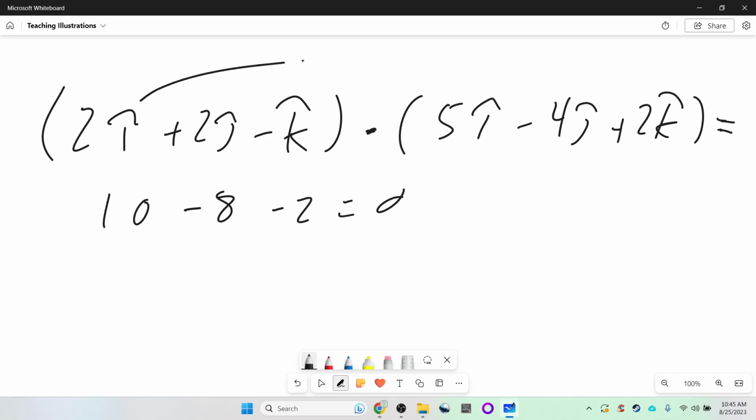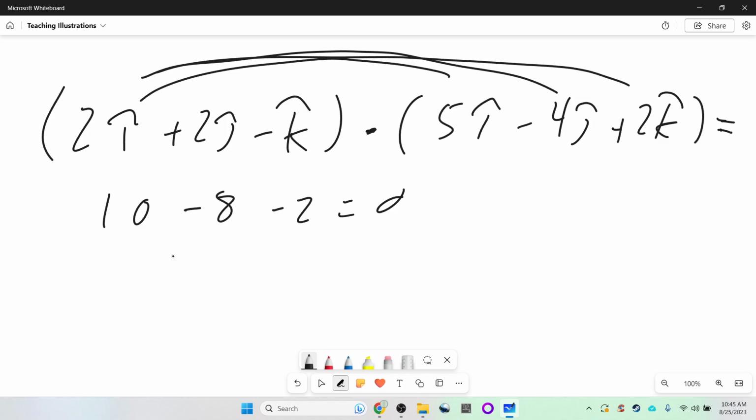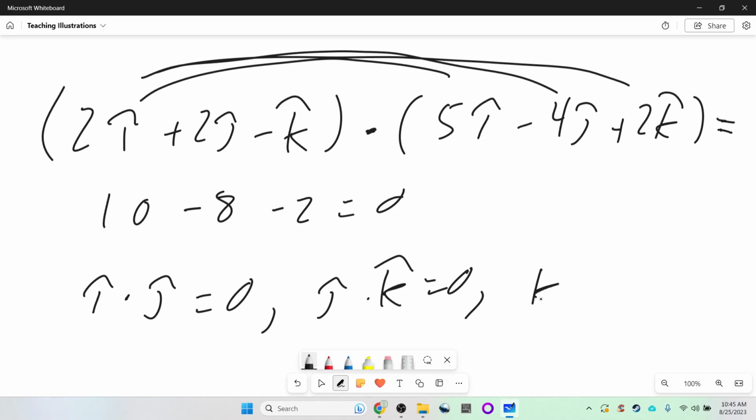If you're wondering about the whole distribution thing, could we distribute the i to all of these and then the j's and the k? The answer there is that i dot j is 0, j dot k is 0, and k dot i is also 0. i, j, k represent the x, y, z axes. They're all at right angles to each other, so when you dot them, you get 0.